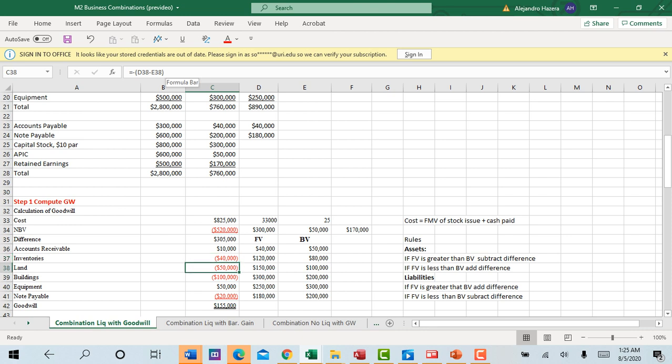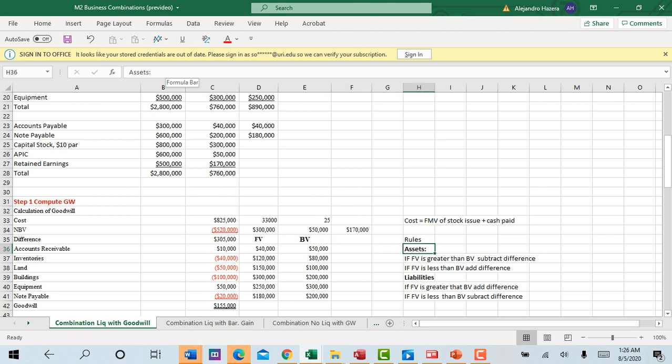Same thing for inventories worth $50,000 and land for $100,000. These ones where the fair values are less actually are underpayments. You pay less for accounts receivable because they were worth $10,000 less than their book value. So in your negotiations with the other company, you would underpay. That would have brought this 305 down from some larger number, from 315 really. So that's why we do this.